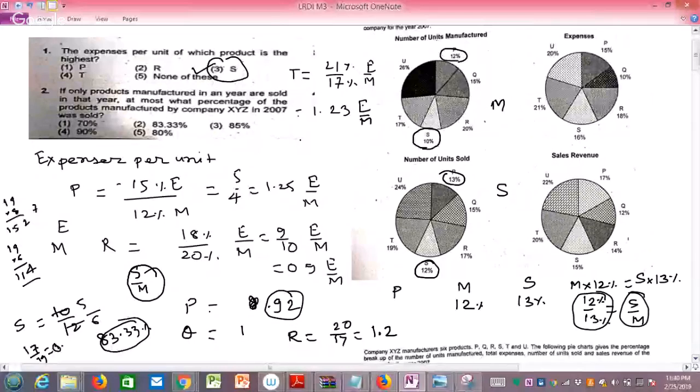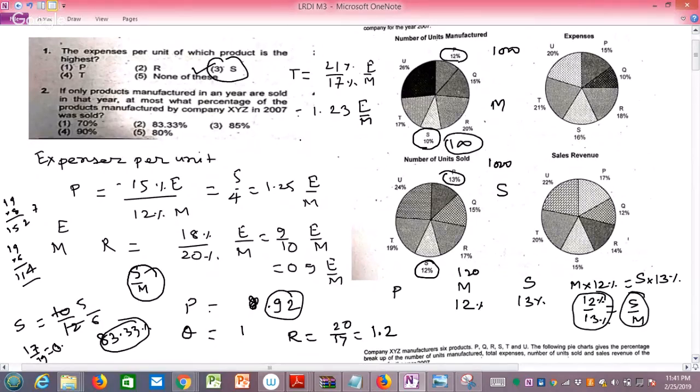Whatever lowest ratio we are getting will decide what could be at most the product which will be sold. You can understand from an example: assume this as 1000, then this is 100, and assume this also 1000, then this is 120. So at max how much? It cannot be that all 120 will be sold. I mean, producing 100 you cannot sell 120. So obviously this has to be the maximum of this number, right?